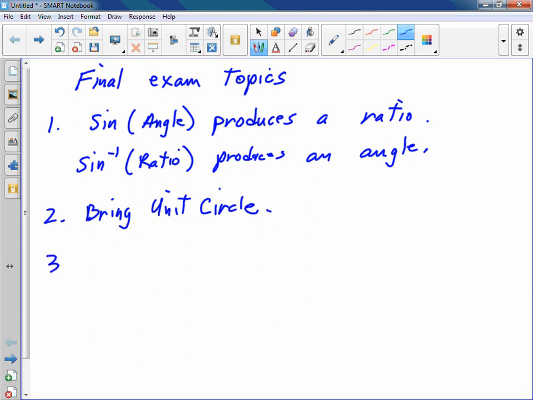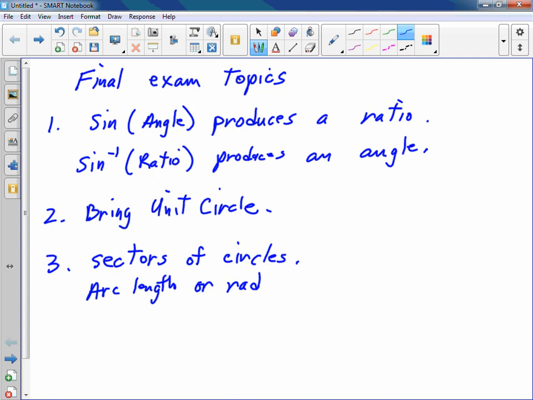Okay, 3, we're going to have sectors of circles, and that's no big deal. Just remember that your arc length or radius can be used to find the circle itself or the area of the sector.